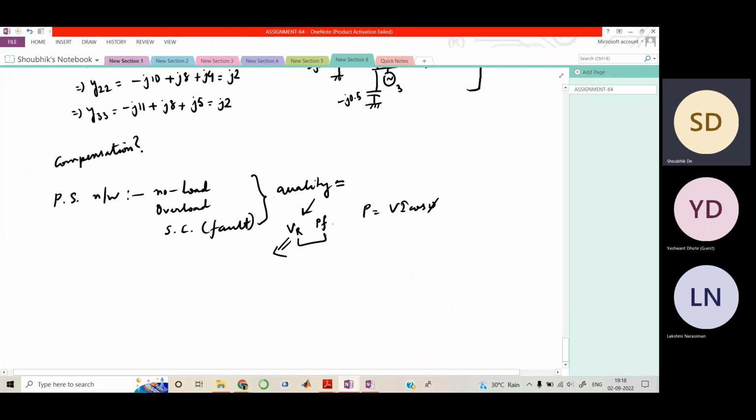Now this voltage variation delta Vr mainly depends on the VAR, the reactive power of the line.